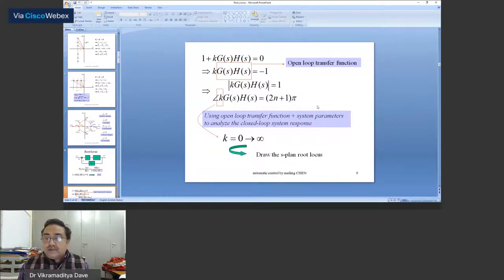Using the open loop transfer function for system parameters, we can analyze the closed loop system response as K tends from 0 to infinity. From these two equations we can now vary K, the gain of the system. If I vary K from 0 to infinity, what will be the location of the roots? How will the roots be located in the S plane?